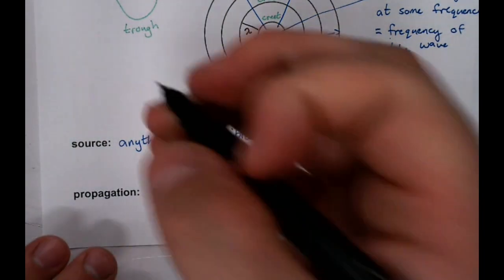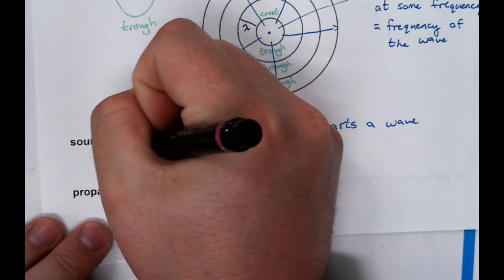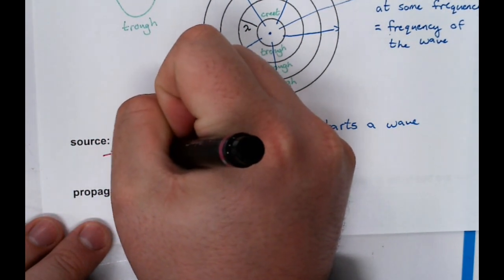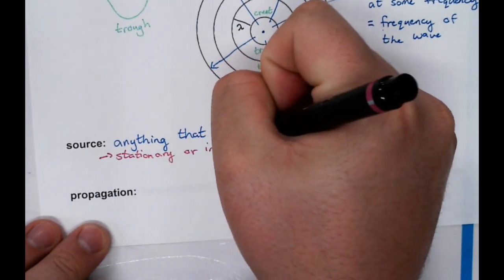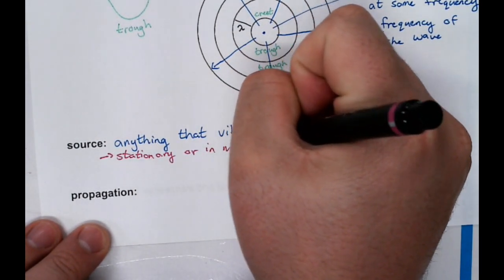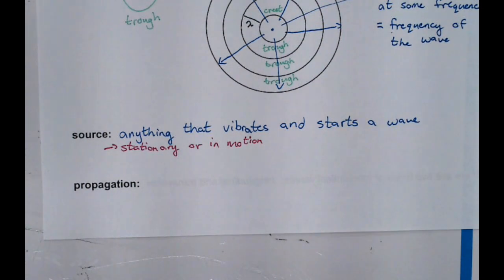This can be stationary or in motion. For example, you could have light moves in a wave, the stars in the sky, sound, earthquakes, musical instruments, anything that creates some type of wave.